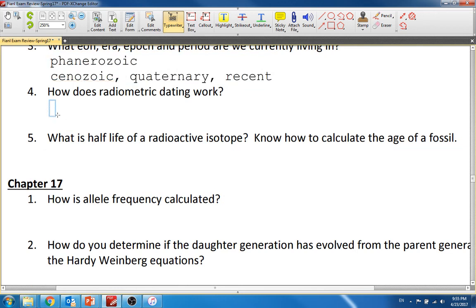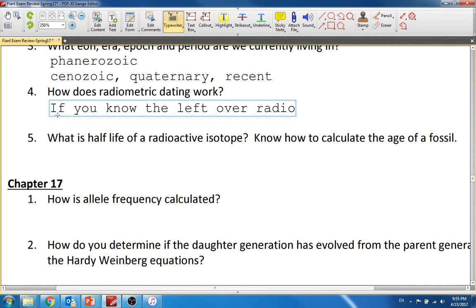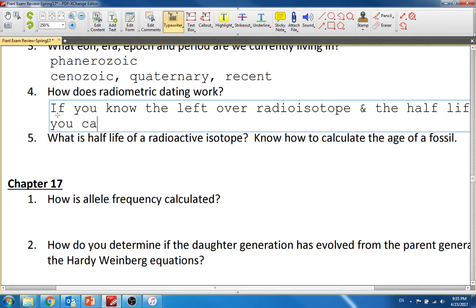Radiometric dating is based on our knowledge of the half-lives of radioisotopes. Half-life is the time it takes for 50% of the radioactive isotope to change into a different species. If you know the half-life, you can calculate roughly the age of a fossil.